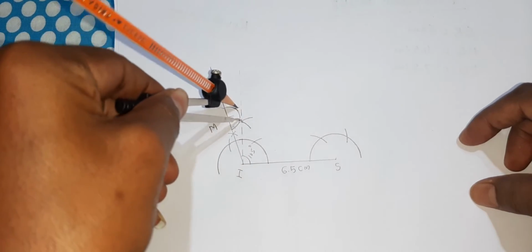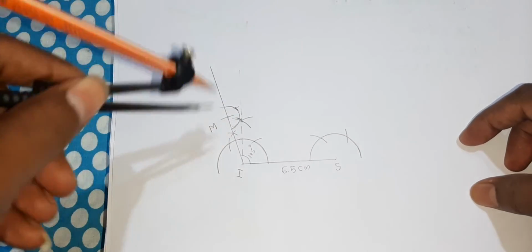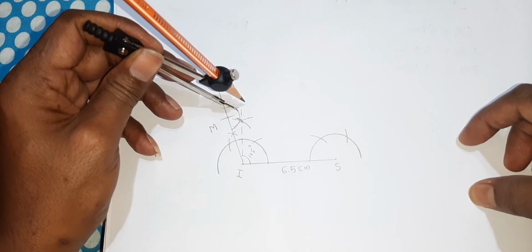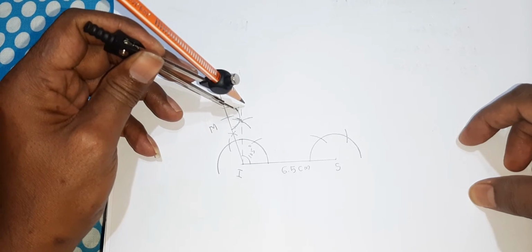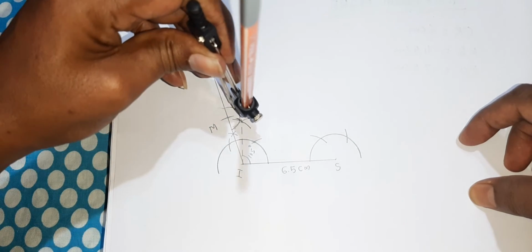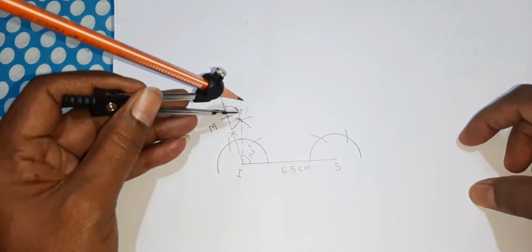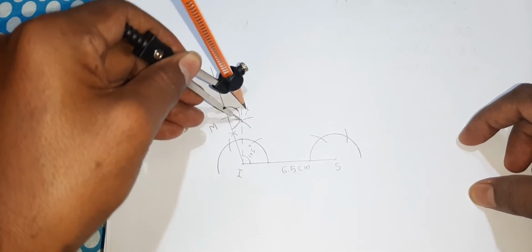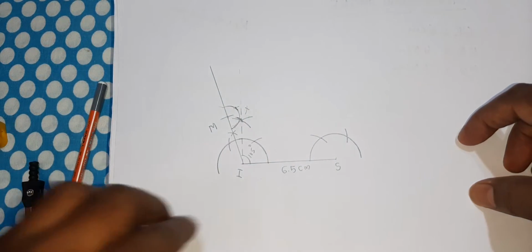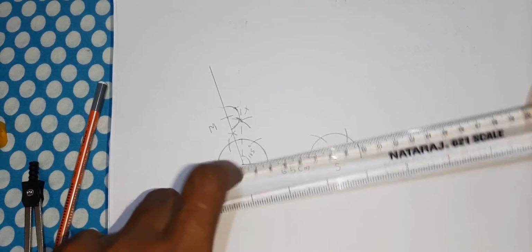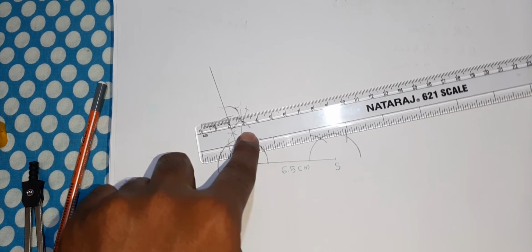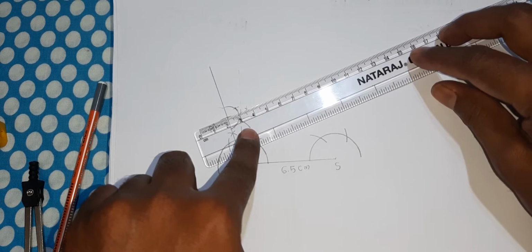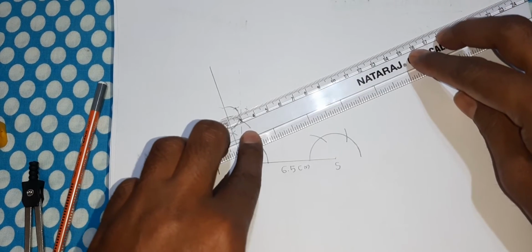This is 120. So in between 60 and 120 you will have 90 degrees. So the angular bisector of 60 and 90 is 75. First draw 90 degrees at M. Then after that you can construct 75 degrees.